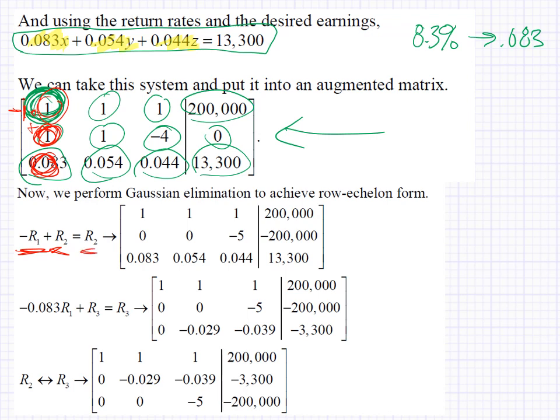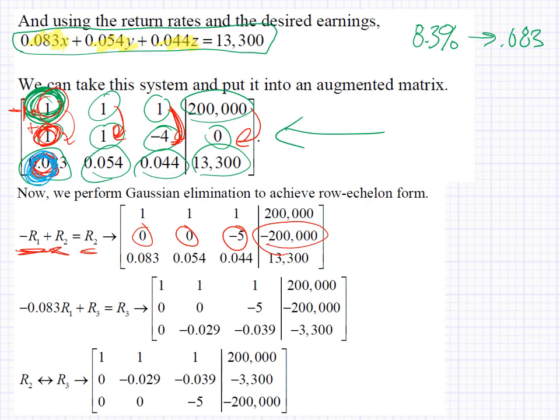I'm going to do that term by term by term. So that would make this a 0. This one here will give me a 0. This one here will give me a negative 5. And then this one here will give me negative 200,000. Then I want to get a 0 in this position.